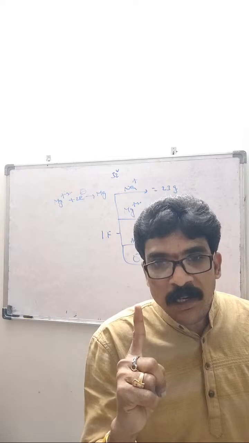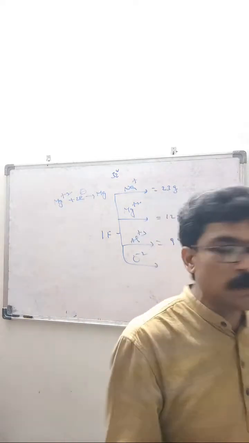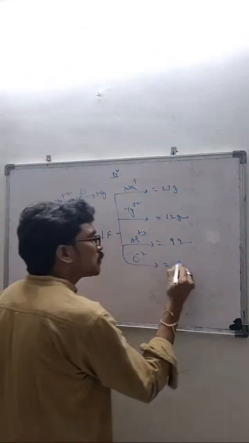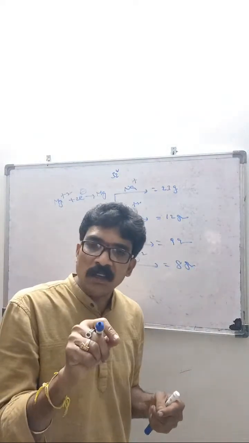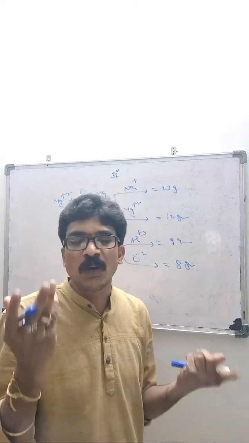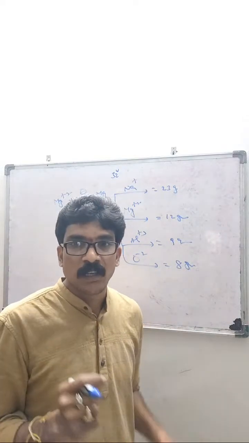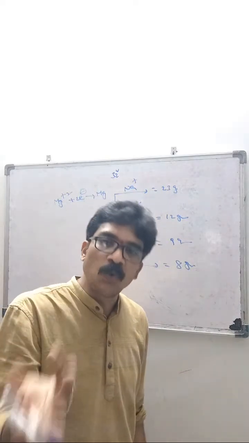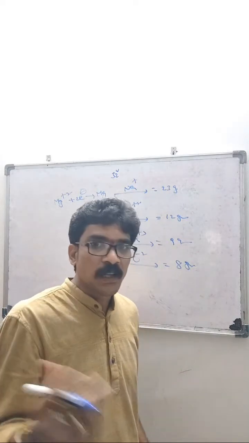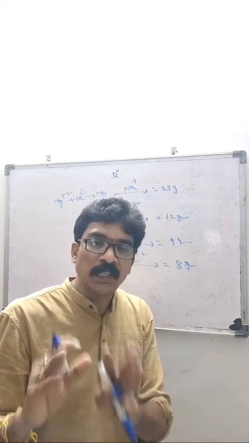But 1 Faraday supplied gives 16 by 2, which is 8 grams of oxygen. Whether you write O or O2, 8 grams of oxygen gas is deposited.